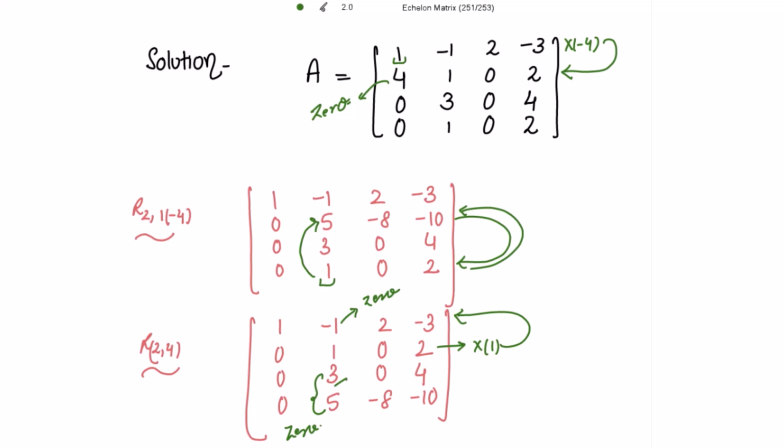To get 0 in place of 3, just multiply the row 2 with negative 3 and add its elements to the row 3rd. To get 0 in place of 5, again multiply the row 2 with negative 5 and add its elements to the last row. On applying the operations, it's very good to have 1 as your leading entry.